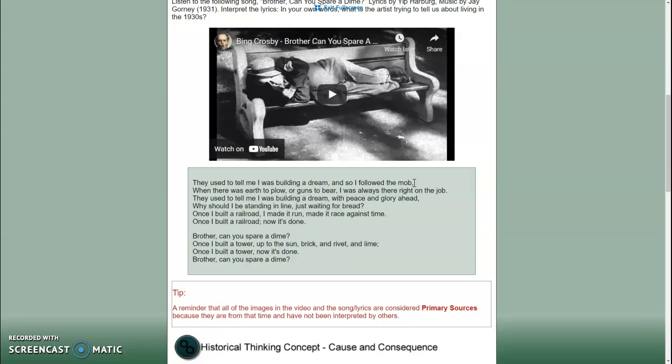Anyways, they spent their money in coffee shops or ice cream shops, or they went to speakeasies or whatever. So everyone kind of followed this same trend.